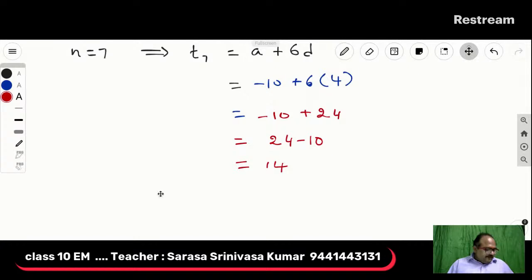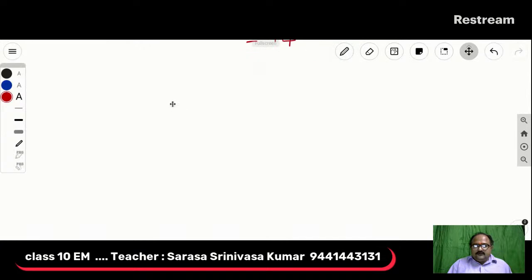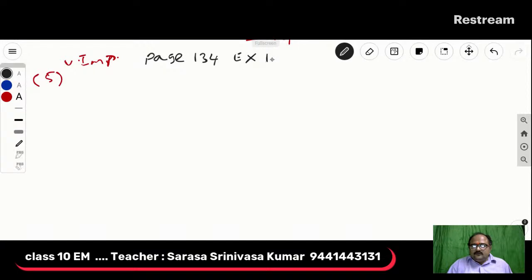Now we consider the next problem. This problem, the fifth problem, is a very important problem. Page number 134, Exercise 6.1. I am explaining all the textbook problems for class 10.